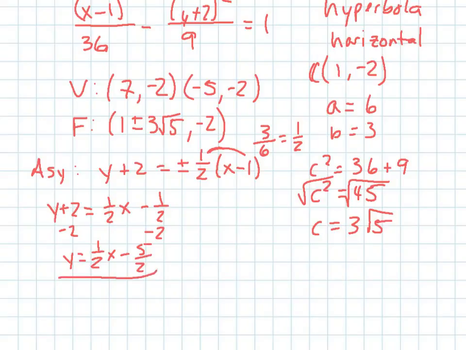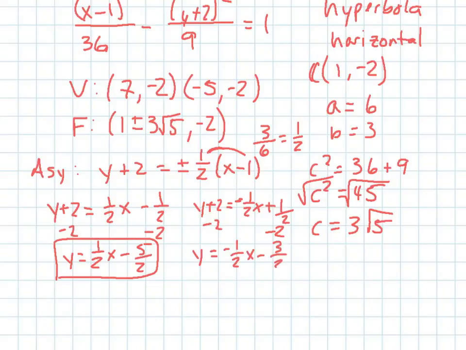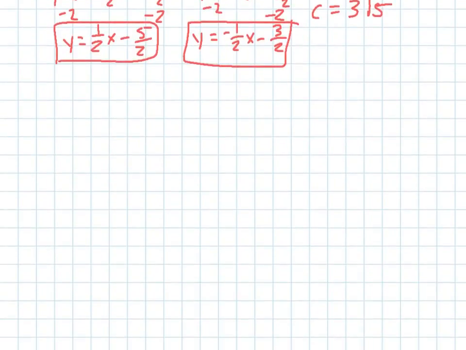So there's one equation for my asymptote. The other one, y plus 2 equals negative 1/2 x. Distributing that through makes a positive 1/2. And then subtracting 2 will get you negative 3/2. Okay, so those are 2 equations. So then from there, now I want to graph.